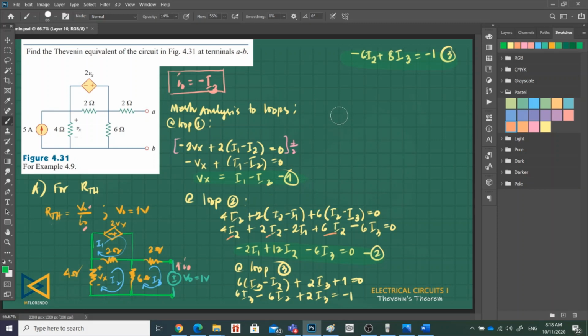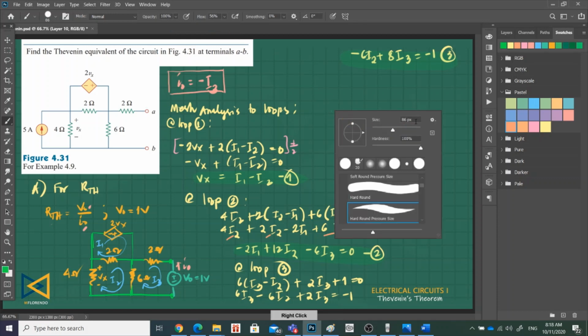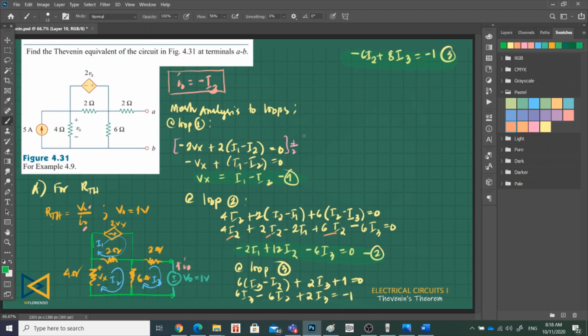Okay, so, tignan natin yung mga unknowns, no? Bago tayo mag-substitute. Okay. So, I1, I2, I3. So, ang problema natin kasi, we have 3 equations pero 4 yung unknown. Ito kasing V sub x yung kailangan natin ayusin.